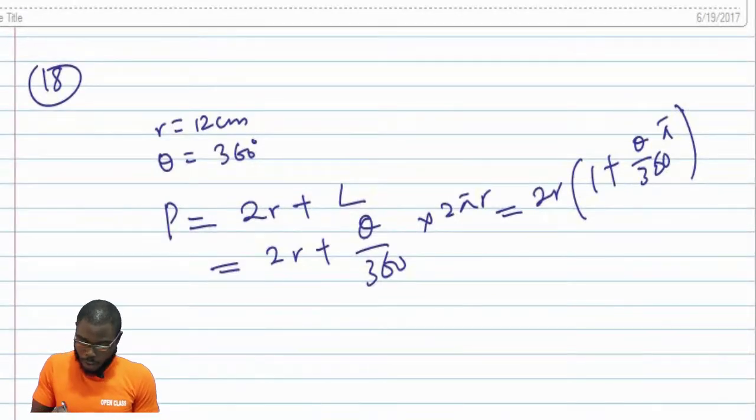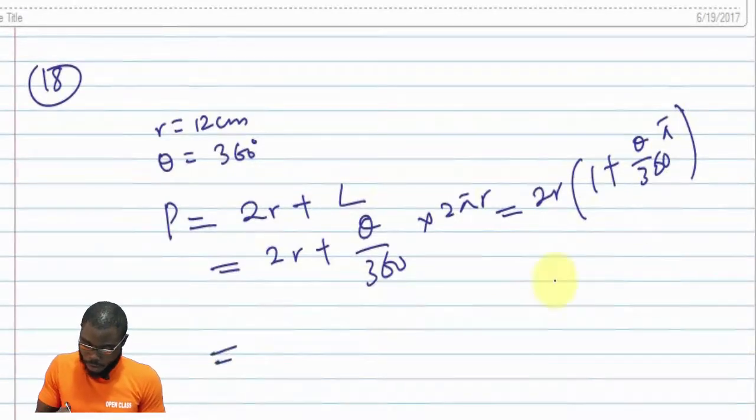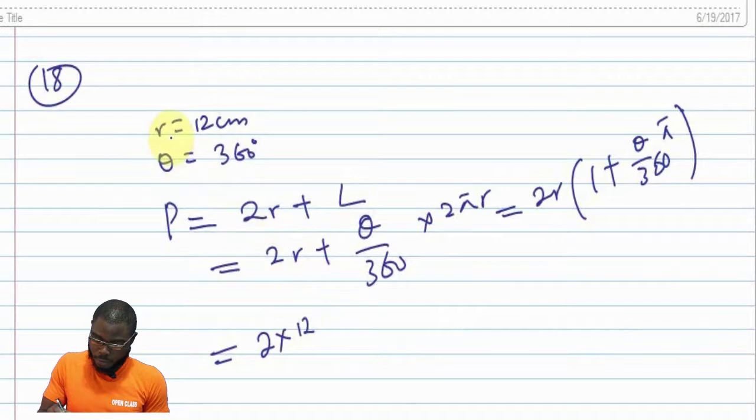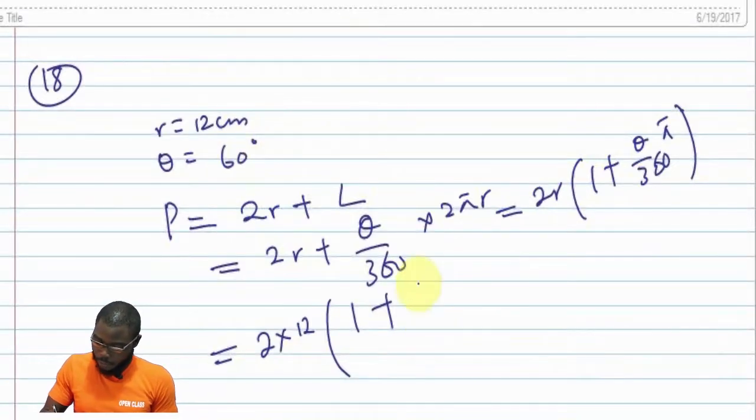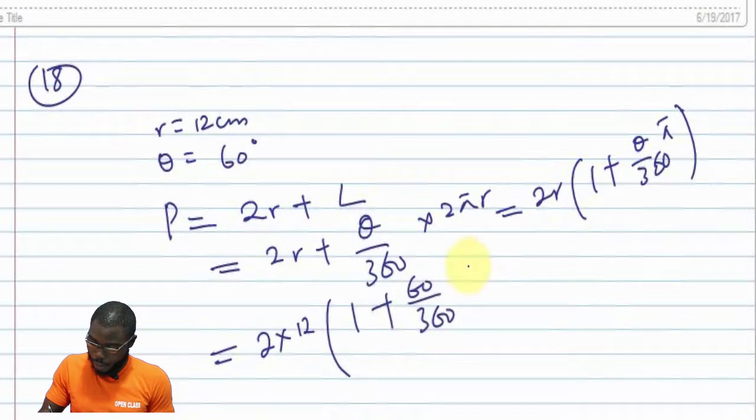If I use this formula, I'll have 2 times r, which is 12 centimeter, into 1 plus theta, which is 60 degrees, over 360 pi.